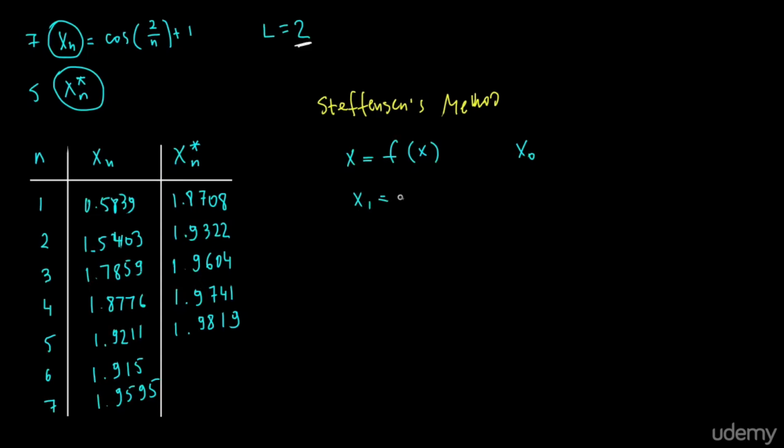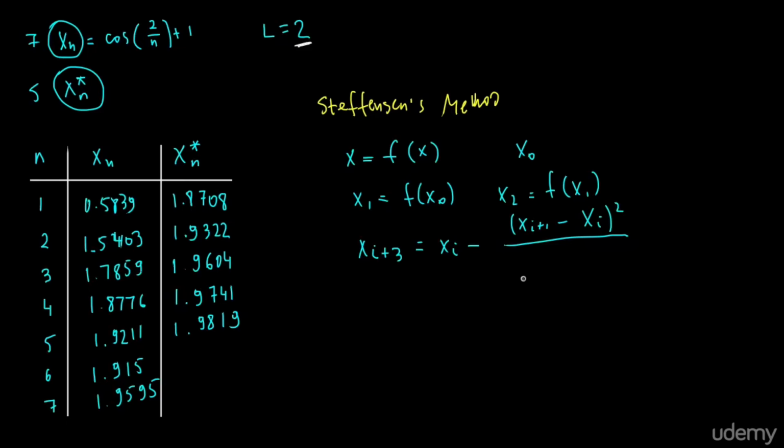We compute x_1 as f of x_0, and we compute x_2 as f of x_1, and then for each subsequent term we compute x_{i+3} as x_i minus, and here we have (x_{i+1} minus x_i) squared divided by x_{i+2} minus 2x_{i+1} plus x_i.